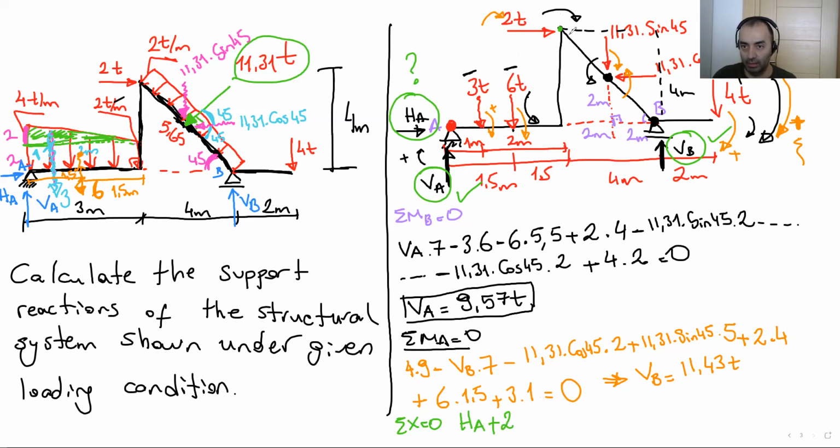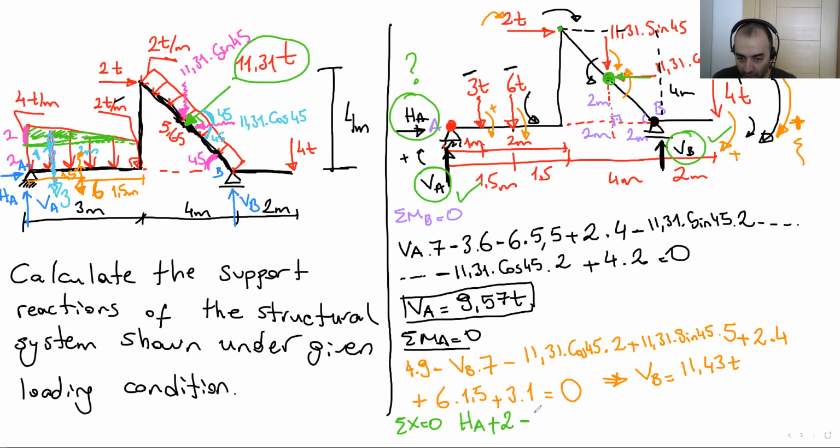Let's go ahead here. I'm going down. Oops, here we have a horizontal loading, which is in the opposite direction of the HA or 2 tons. So that means it's negative.